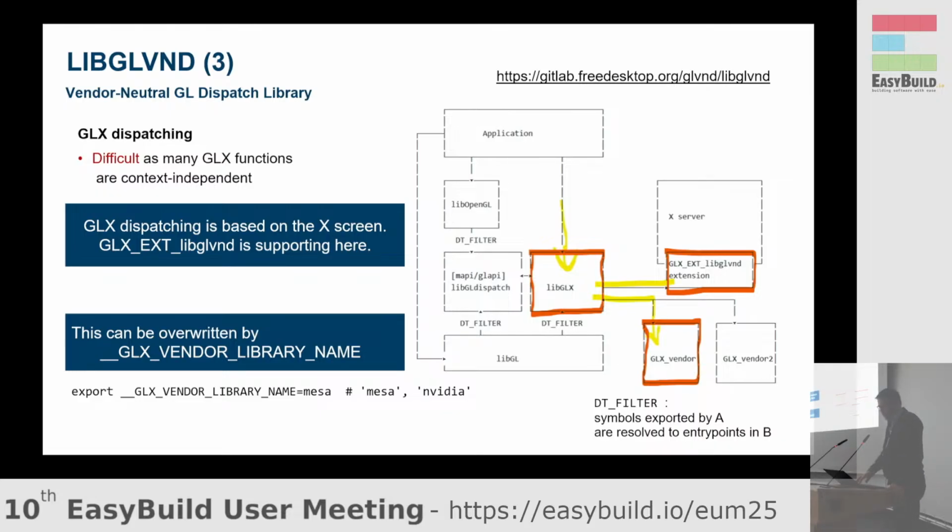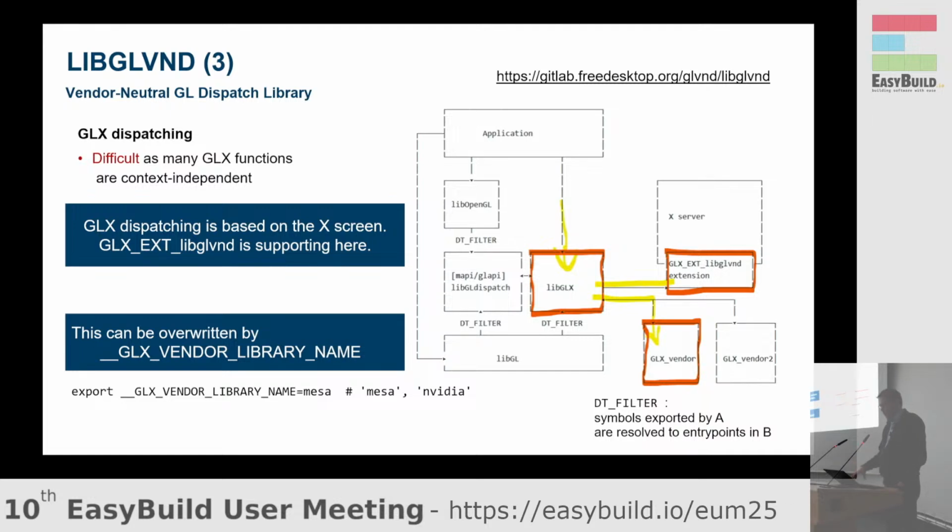When it comes to dispatching, we have to distinguish between GLX dispatching and EGL dispatching. GLX is a little bit more difficult, because if we have multiple vendors, then when you open a context the dispatch library has to decide which vendor, which GLX library, do I take.